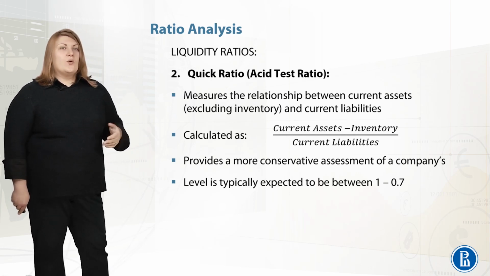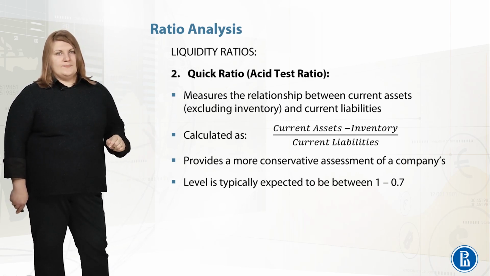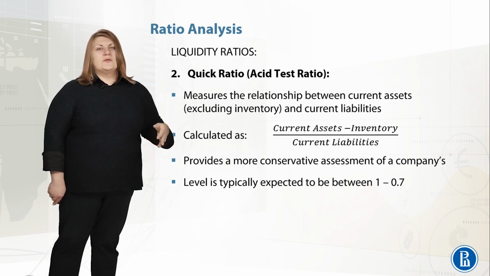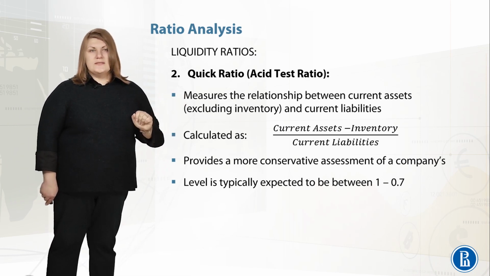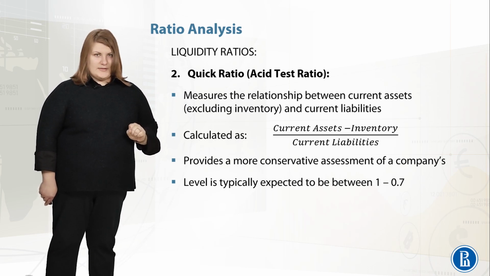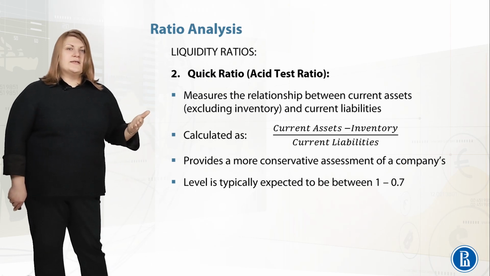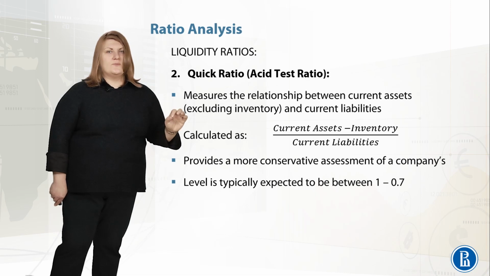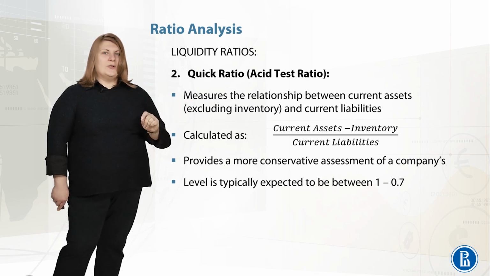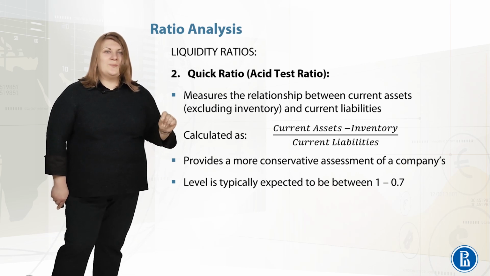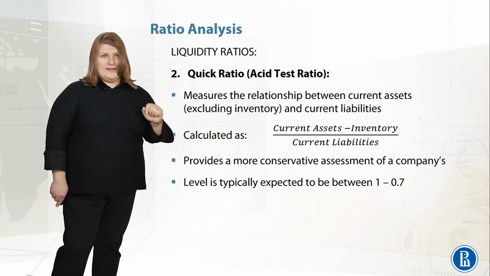Now, the quick ratio or acid test ratio. This ratio measures the relationship between current assets, excluding inventory, and current liabilities. The numerator here specifically excludes inventory, which is deemed to be the least liquid of all current assets, right? Inventory is something which a company may hold for a long time.